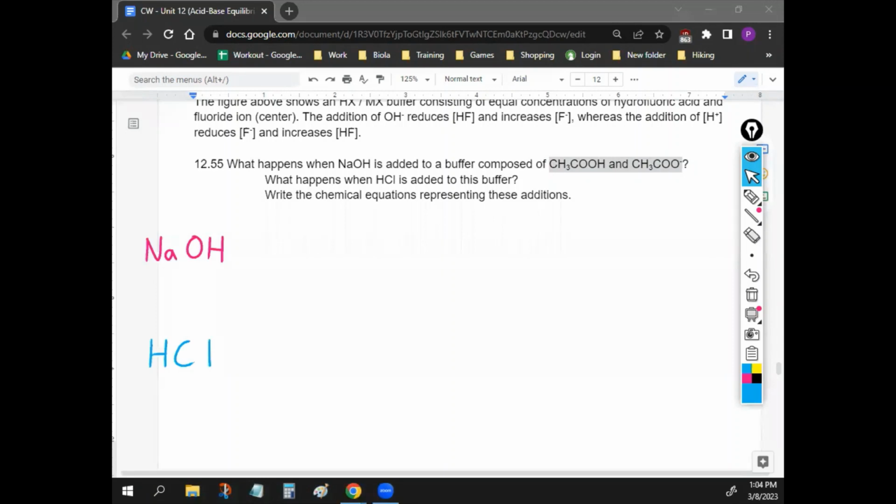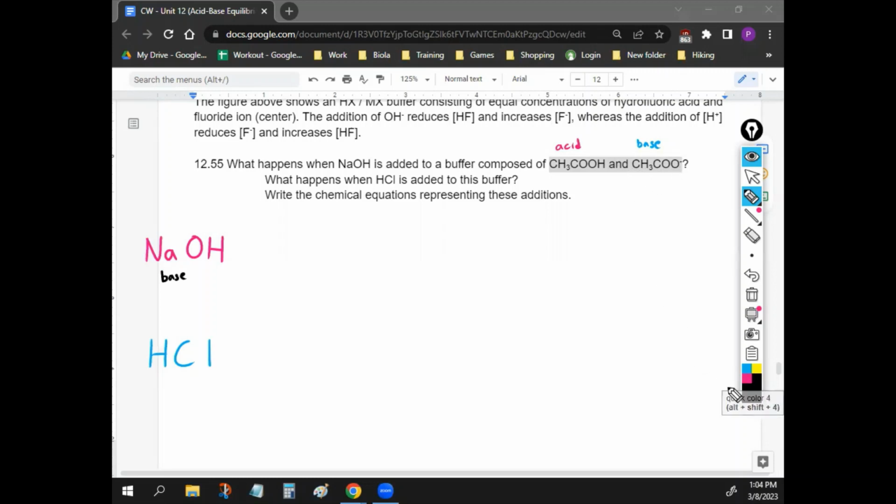For the first part, we're adding NaOH. NaOH is what type of compound? Base. Yeah, it's a base. Since this is a base, which of these two is it going to react with? The acid. You should be able to identify that this is your acid and this is your base, because this is the one with the H plus, and this is the one that gave up the H plus.